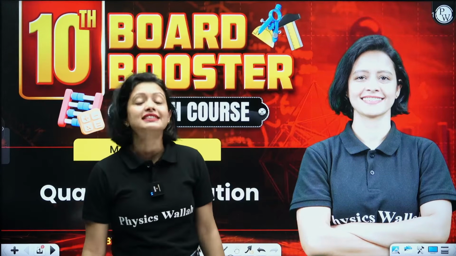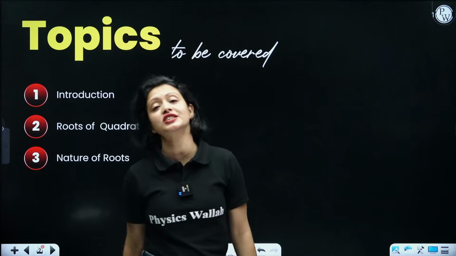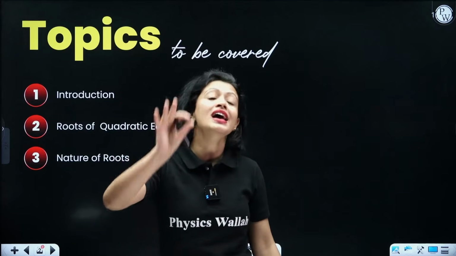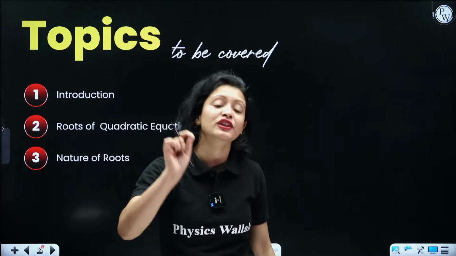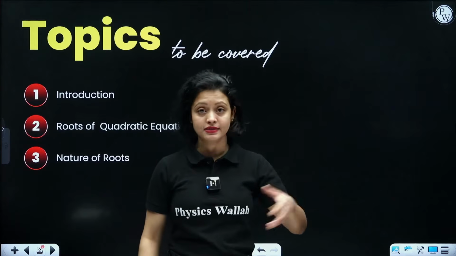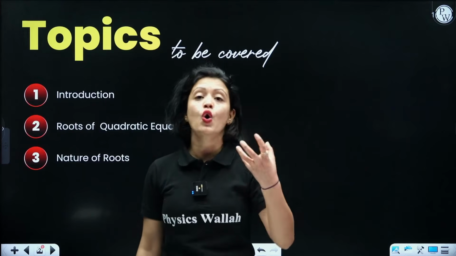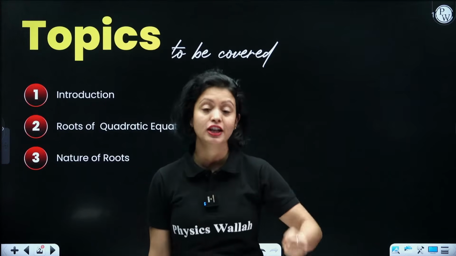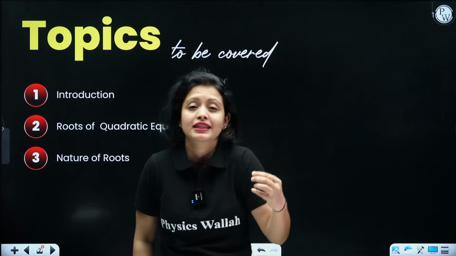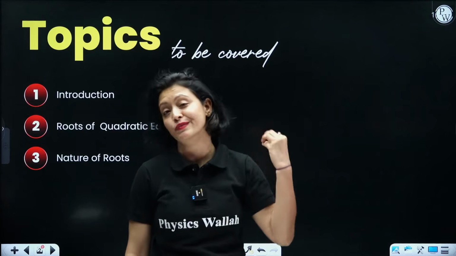Now this quadratic equation chapter comes under algebra, and I've told you before also that the total weightage of algebra in your board exams is 20 marks. From this chapter in the previous year you got a 5-marker question, so the probability is very high that you will get a 5-marker question from this chapter.